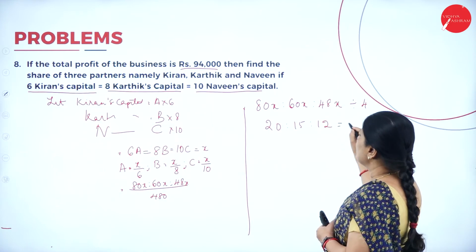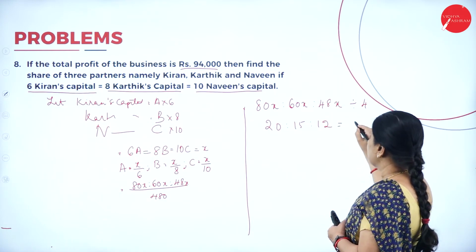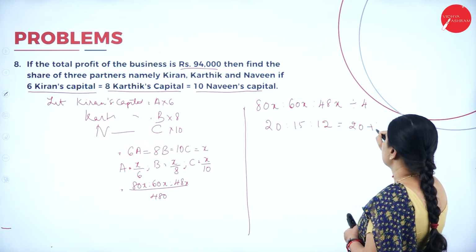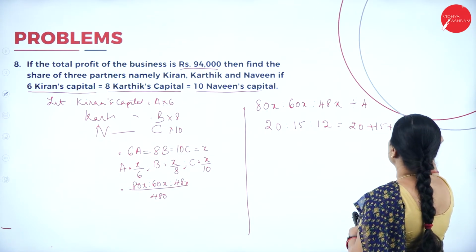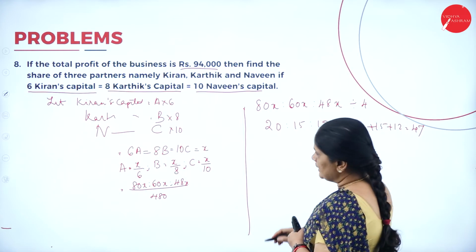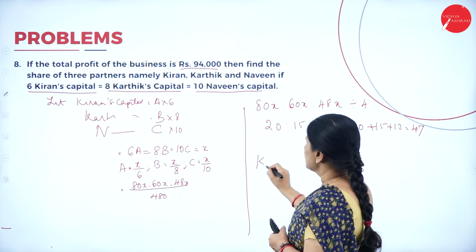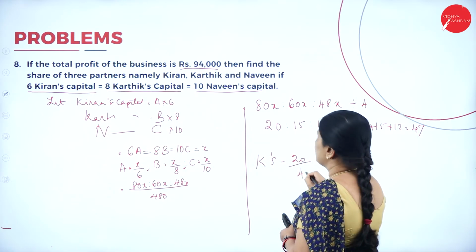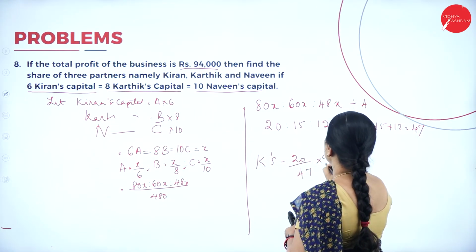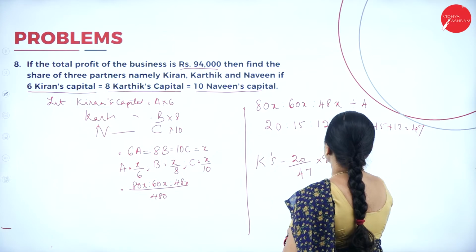Now, when I add all these ratios, I get 20 plus 15 plus 12, which is equal to 47. In this, Kiran's share will be 20 by 47 into 94,000.